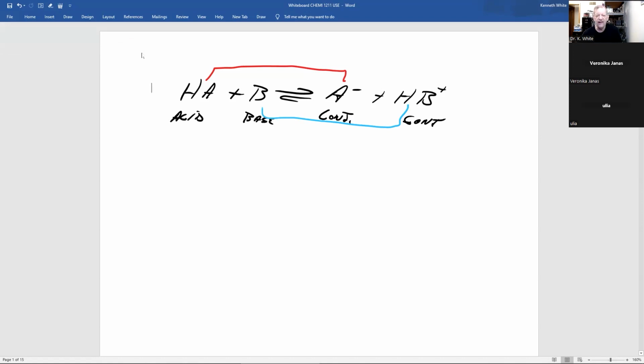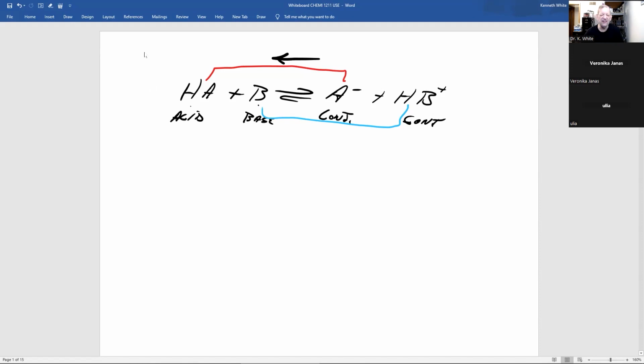Now, if we look at this reaction going this direction, remember acid, proton donor, and it gave it to the base. Now, going back the other way, highlight those special effects. You can see Dr. White works out.